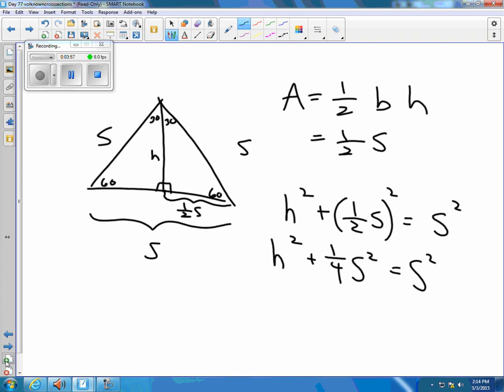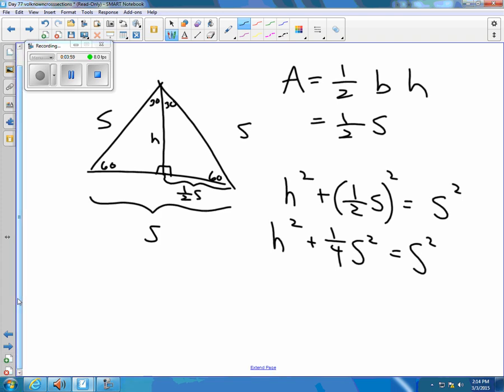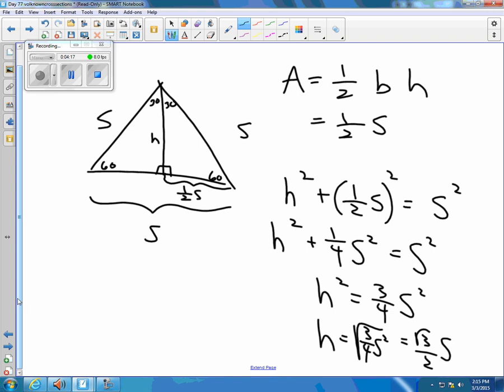We could subtract 1/4 s squared from both sides. So h squared would equal 3/4 of s squared. Taking the positive square root, since the height is a length, the square root of 3/4 s squared would equal rad 3 over 2 s.